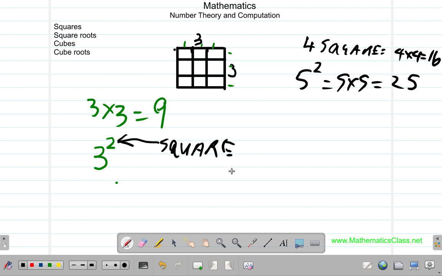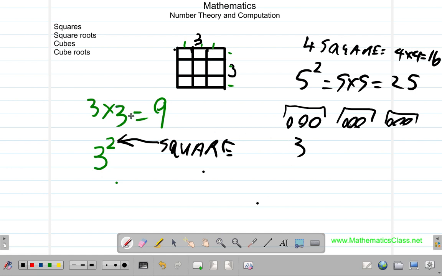So remember, 3 by 3. When you square 3, it's like you have 3 sitting here, so 1, 2, 3. That's a 3, one bundle of 3. Then you must have 3 bundles of 3. 1, 2, 3. 1, 2, 3. You see, this alone is a 3.